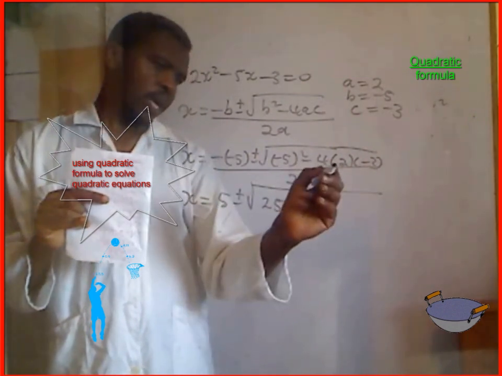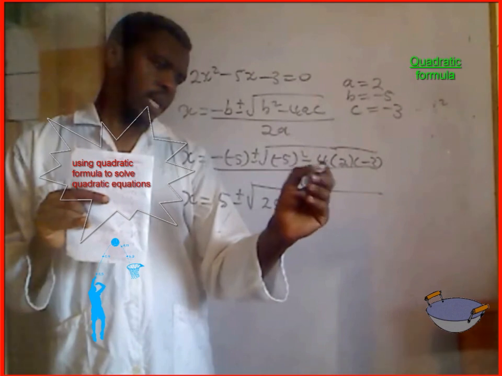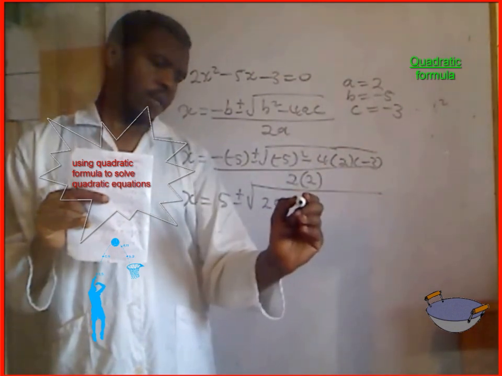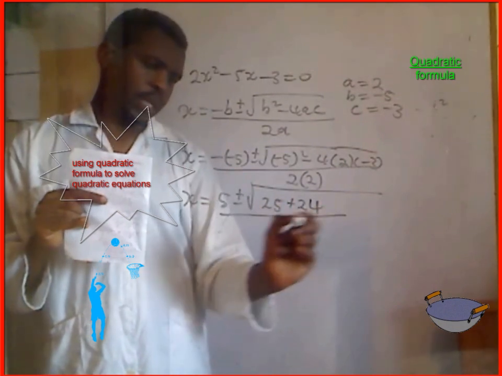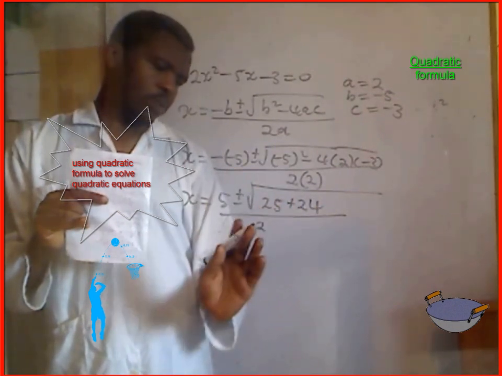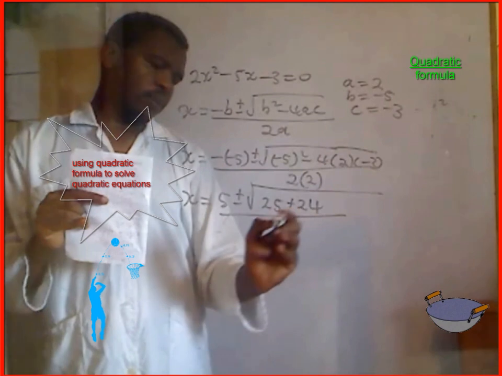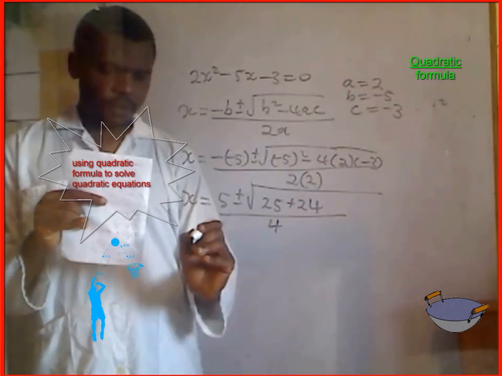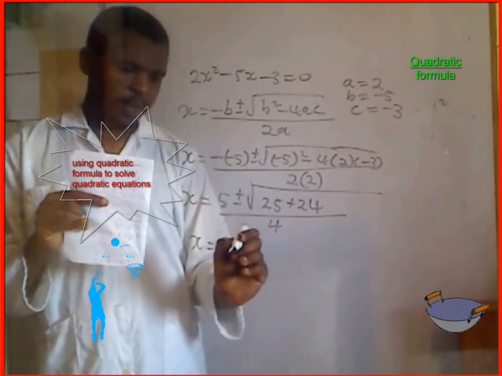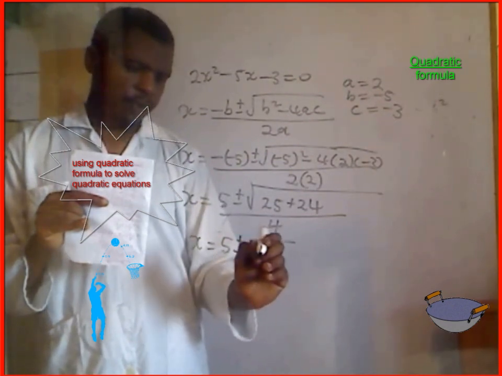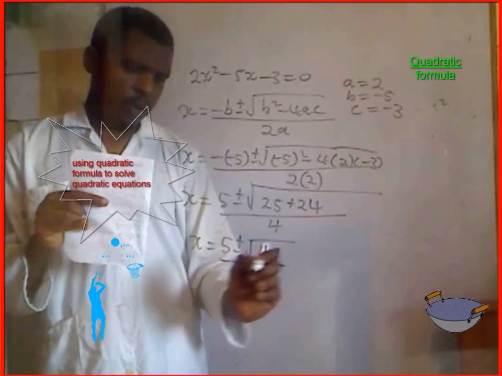So this gives us minus 8 times minus 3, which is plus 24. This is divided by 2 times 2, divided by 4. X will be equals to 5 plus or minus square root of 49 all over 4.